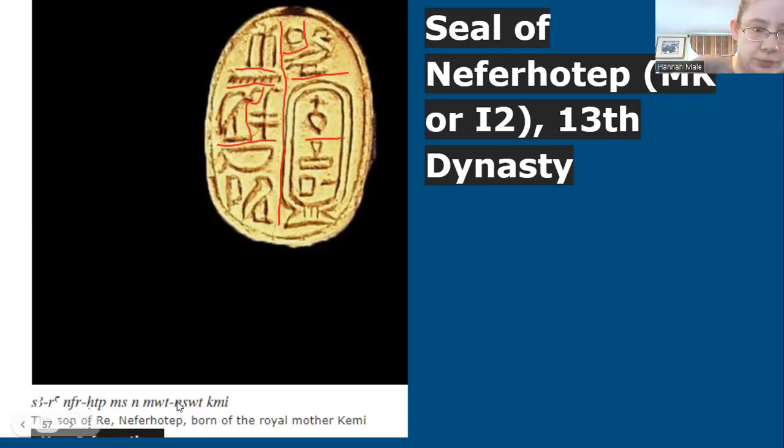Royal, which is that NSWT. So here, mother, which is that MWT, which is this. And then that royal mother's name, which is Kemi. So KMJ, which is this. So KMJ.